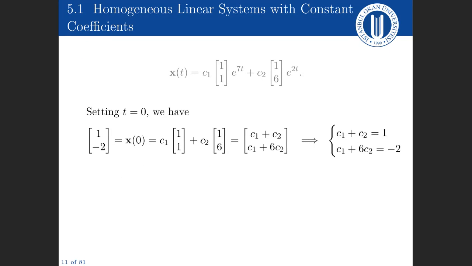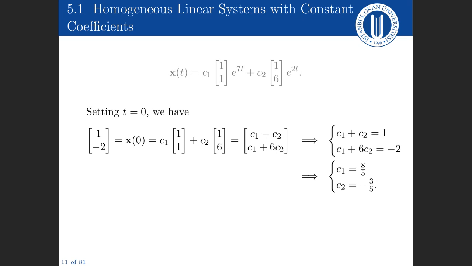That gives us a linear system of two equations. c1 plus c2 must be equal to 1. c1 plus 6c2 must be equal to minus 2. From linear algebra, you know how to solve linear systems like this, so I can just tell you the solution. We need to have that c1 is 8 over 5 and c2 is minus 3 over 5.